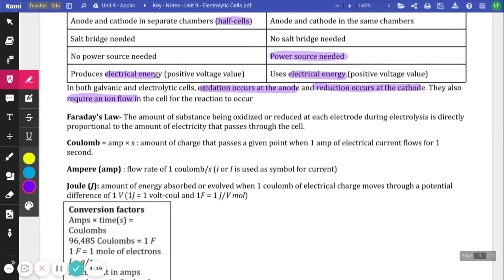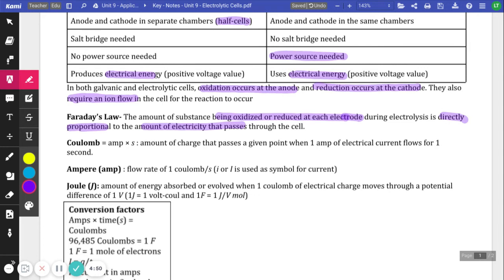Faraday's law tells us the amount of substance being oxidized or reduced at each electrode during electrolysis is directly proportional to the amount of electricity that passes through the cell. So we are going to be able to figure out how much stuff is being plated or produced based on how much electricity is flowing through it. And we're going to use stoichiometry.